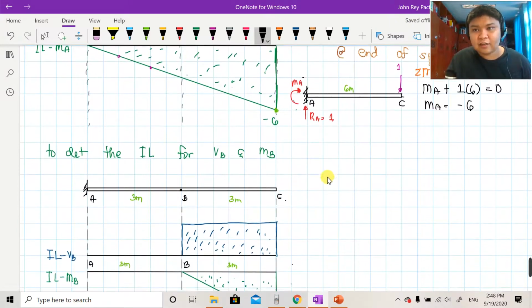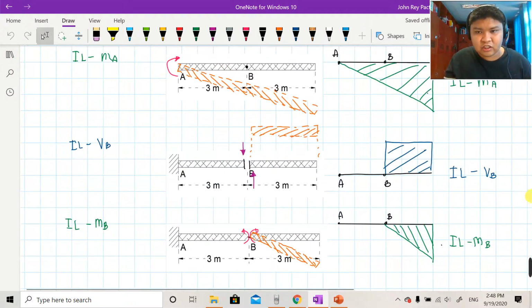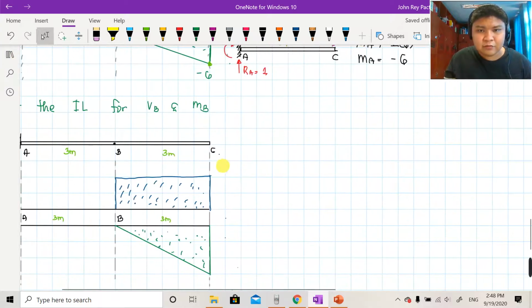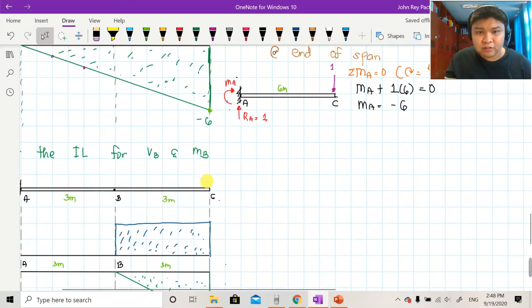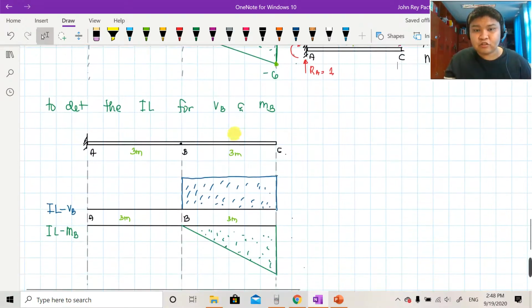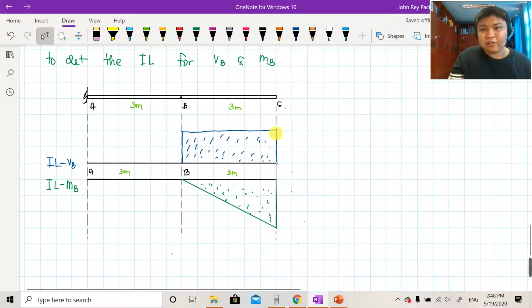So ngayon, ang gagawin ko class, since maalala nyo nga, ganun pa rin yung shape niya, what if ilagay ko yung unit load class sa point C? Tapos, after kong ilagay yung unit load sa point C, hahanapin ko yung shear and moment sa B. Tapos, yun na yung ilalagay ko na ordinates, di ba?